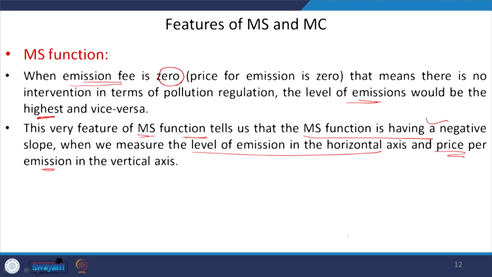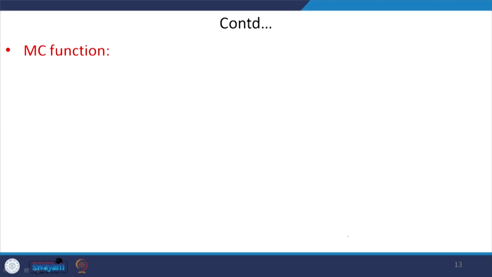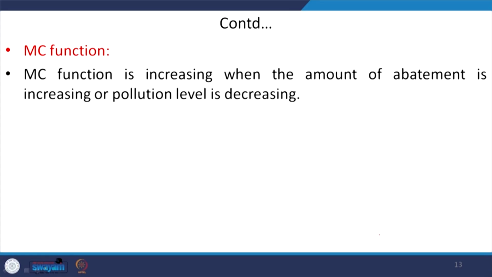So, now let us talk about the features of the marginal cost functions. As you understand, this marginal cost function, when the abatement cost is increasing, right. So, what is the marginal cost function? Marginal cost function means when the firm is spending expenditures for controlling one more unit of pollution, right.